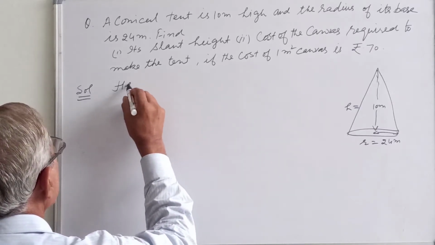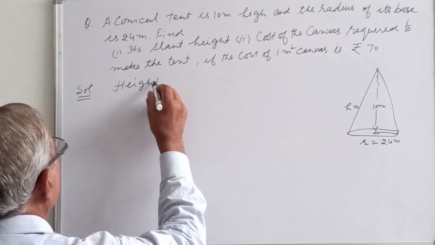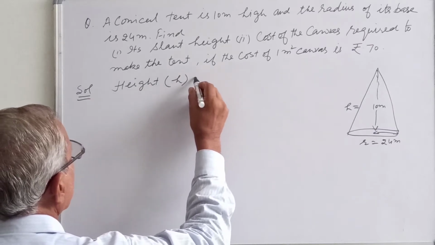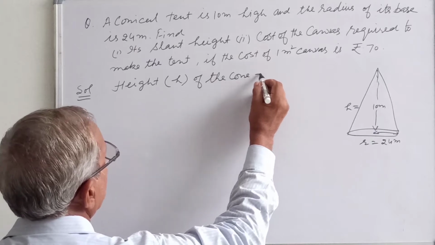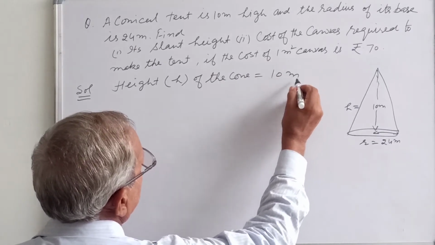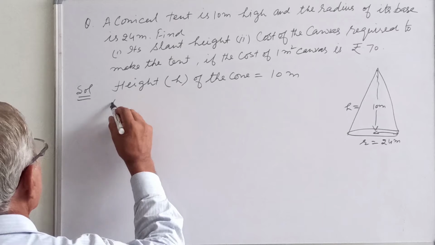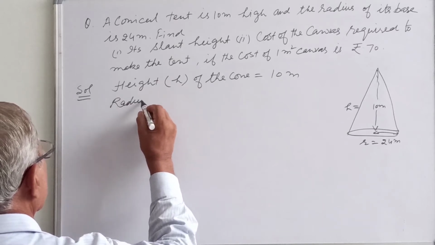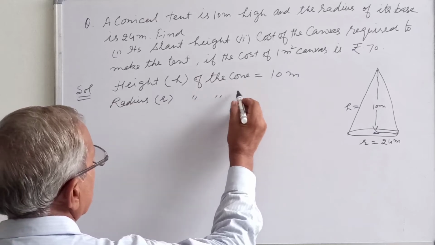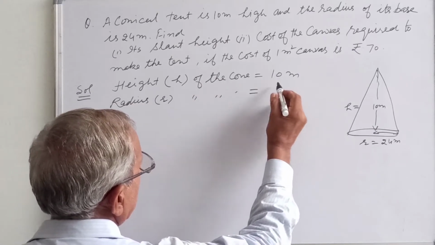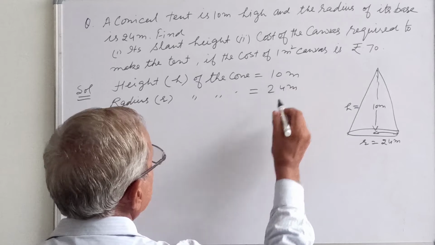Height of the cone is 10 meter, radius of the cone is 24 meter.